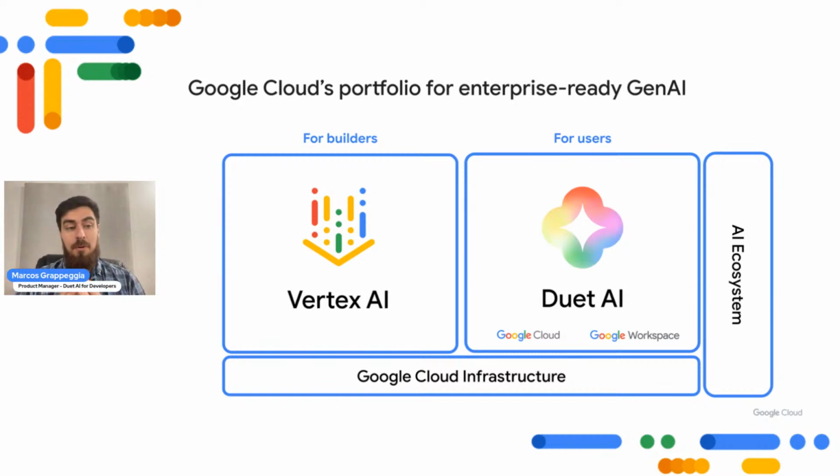Duet AI provides ready-to-use solutions. For example, you can install the Duet AI IDE extension on your VS Code or your IntelliJ and get an AI-powered development assistant from the get-go. Or you can use Duet AI from the Google Cloud Console to help you with operator tasks. You have Duet AI within BigQuery, you have Duet AI on the Security Command Center.